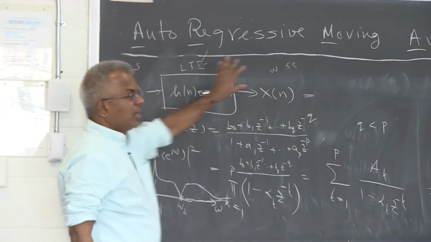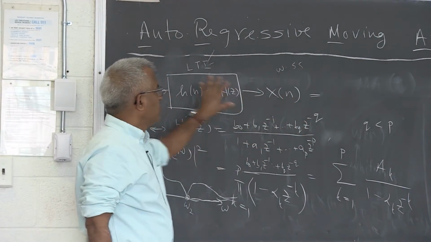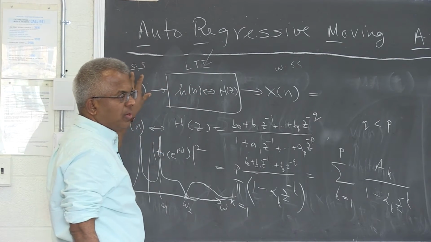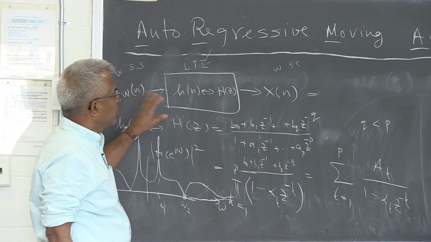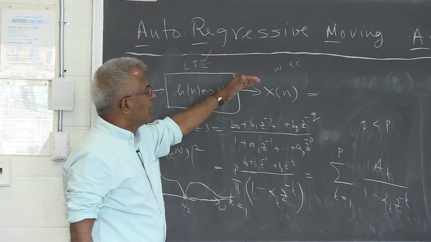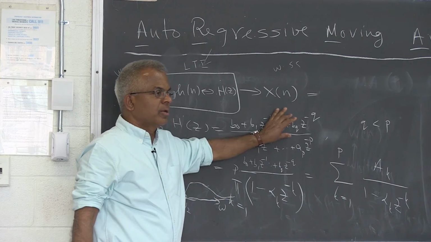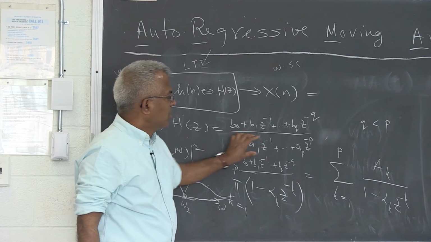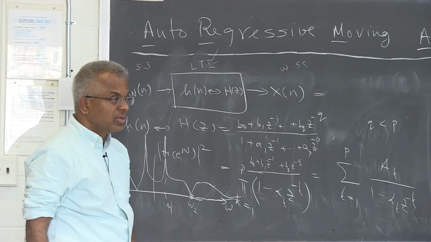So white and stationary leads to white and stationary. And the output spectrum is the system transfer function squared multiplied by the input power spectrum. So the important thing is for an ARMA system, it has a set of numerator coefficients which are zeros and a set of denominator coefficients which are poles.